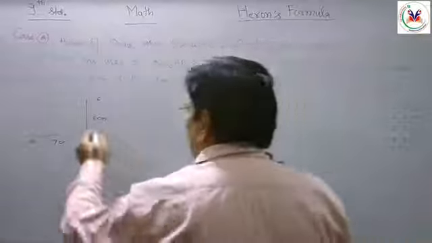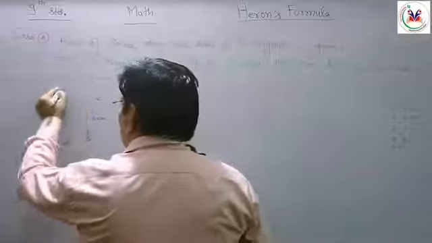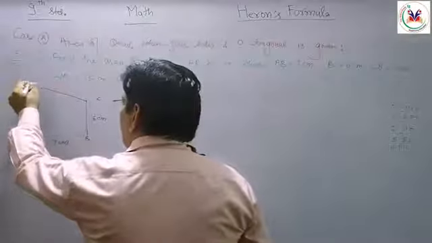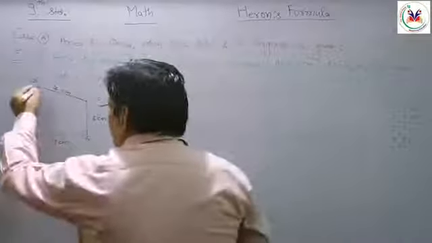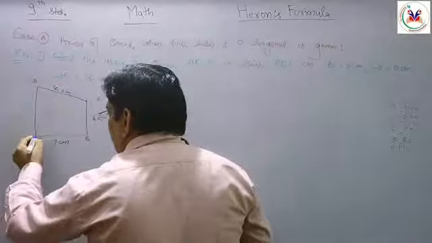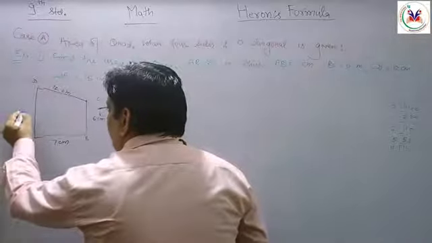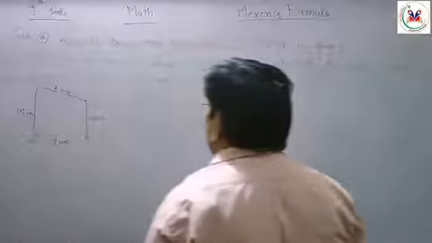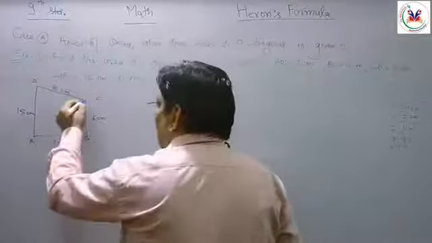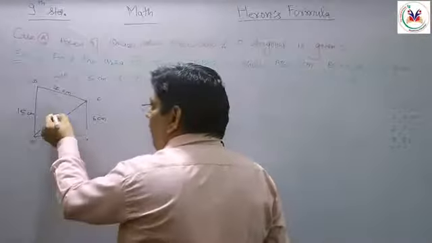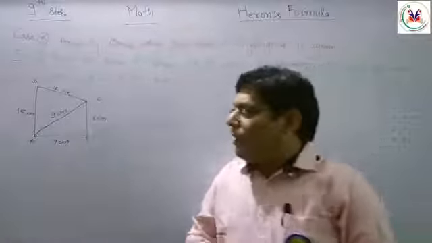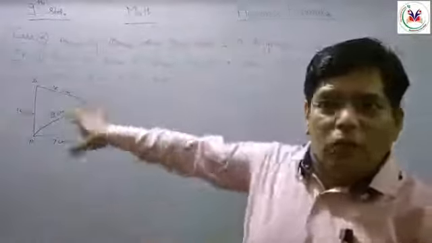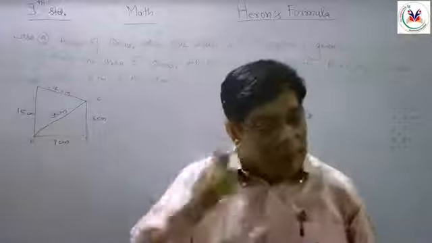Now CD is 12 centimeter and DA is 15 centimeter, and again AC is 9 centimeter. Now we have to construct a rough sketch of the given information of quadrilateral ABCD.